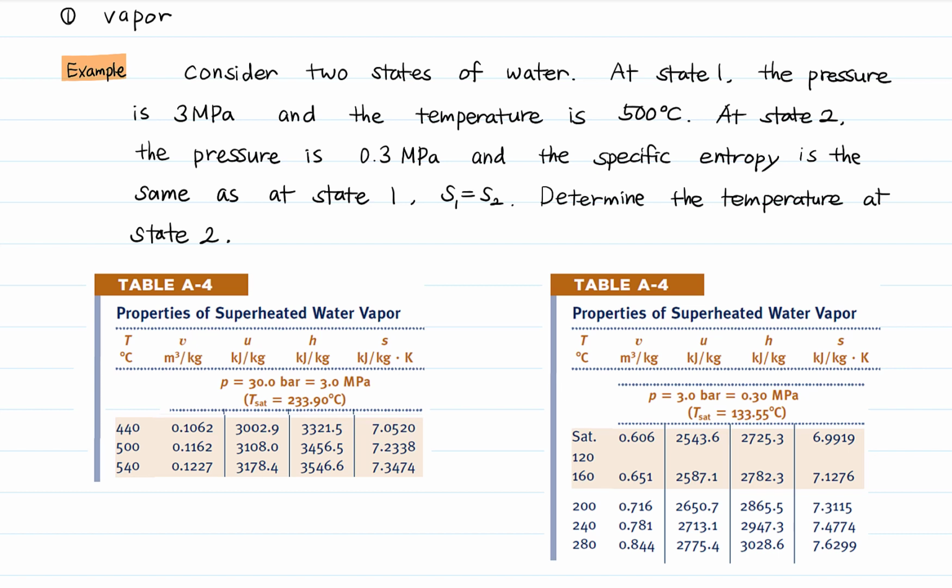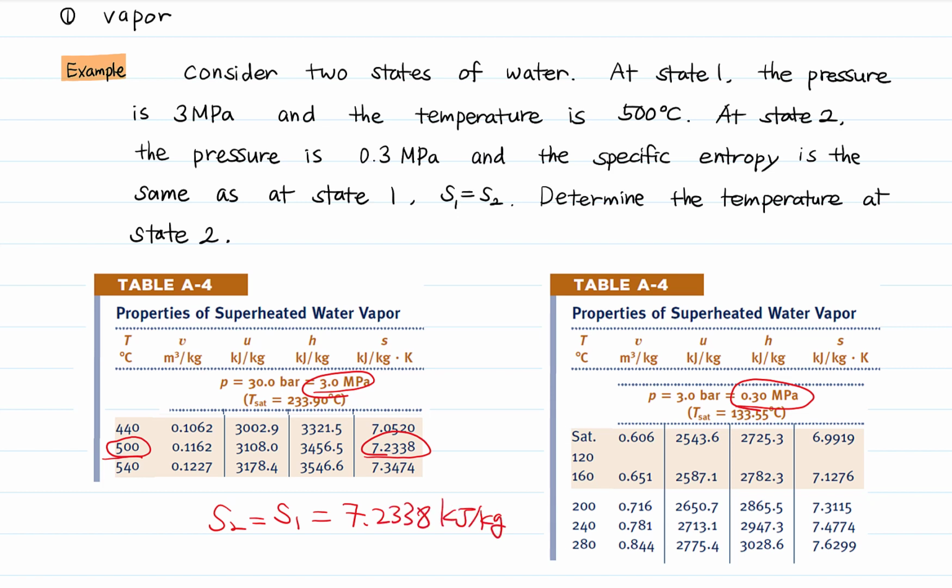First, at state 1, pressure 3 megapascal. See table A4, pressure 3 megapascal, temperature 500 degrees Celsius. The entropy at this condition is 7.2338 kilojoule per kilogram Kelvin. At state 2, pressure is 0.3 megapascal and entropy s2 is the same as the entropy at state 1, which is 7.2338 kilojoule per kilogram Kelvin.